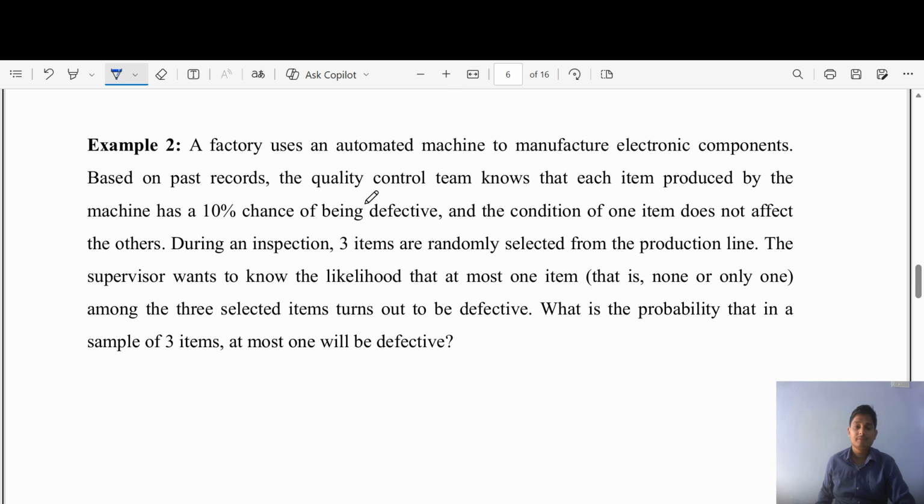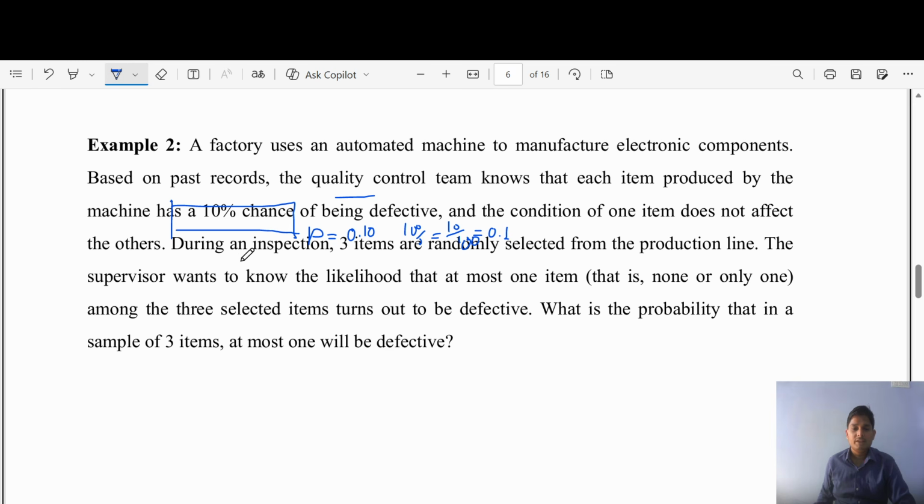Based on the past records, the quality control team knows that each item produced by the machine has a 10% chance of being defective. This is a key point. 10% chance means P is equal to 0.10. Why 0.10? 10% means 10 upon 100, which means 0.1.